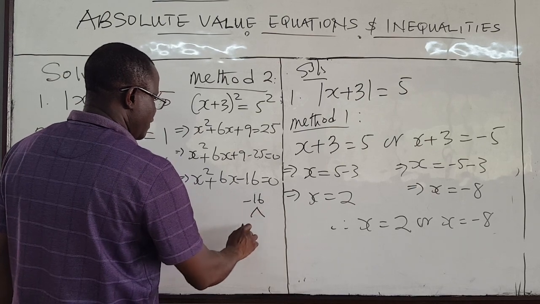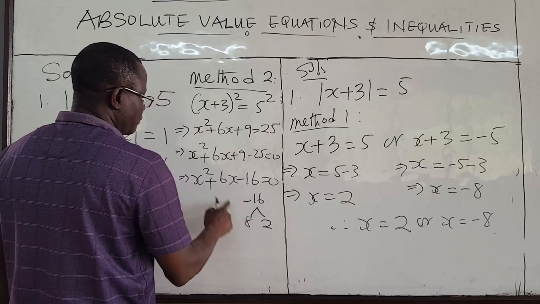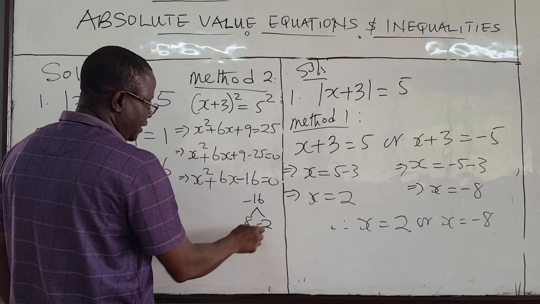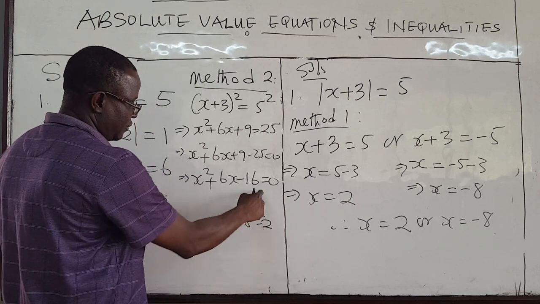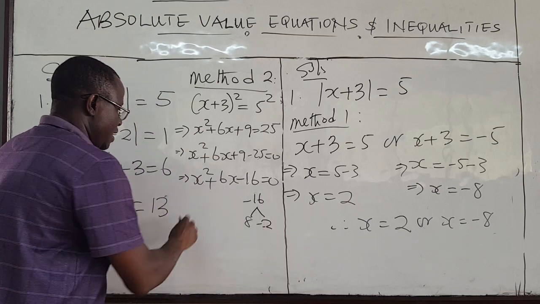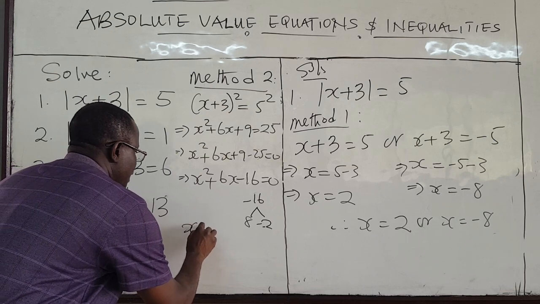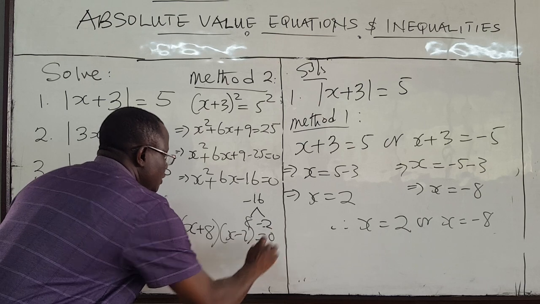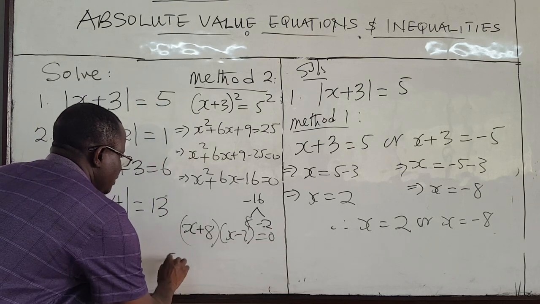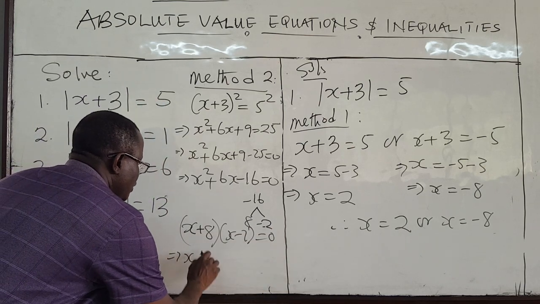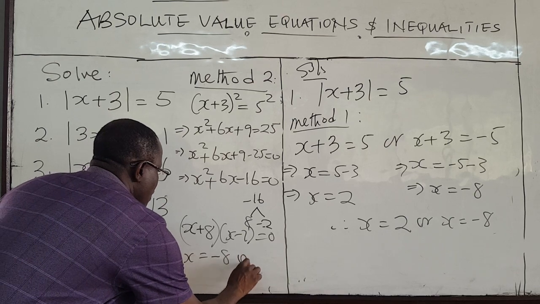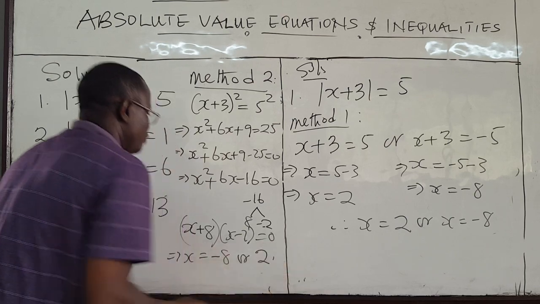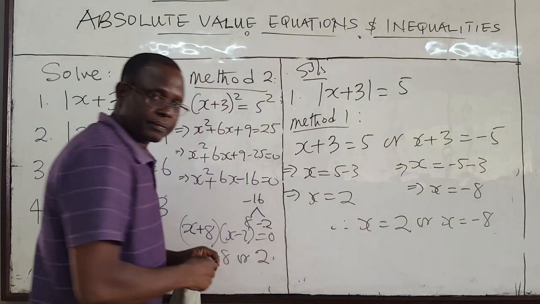You want factors of negative 16 that will add up to give you 6. So 8 and negative 2. And so you have (x + 8)(x - 2) = 0, which means that x = -8 or positive 2, as we had here.